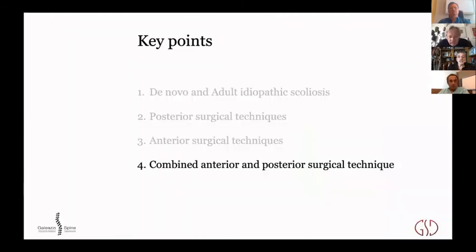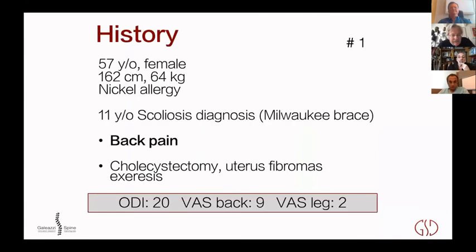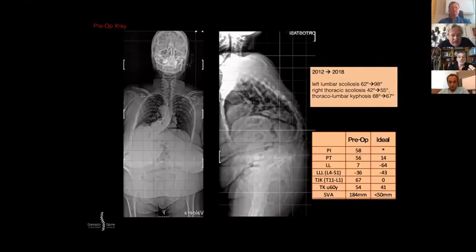The last point is combined anterior and posterior. This is useful in extremely complex cases in which, in every case, we want to achieve the goal that we have to define before surgery during our planning.